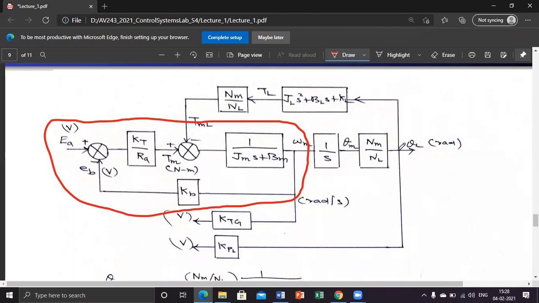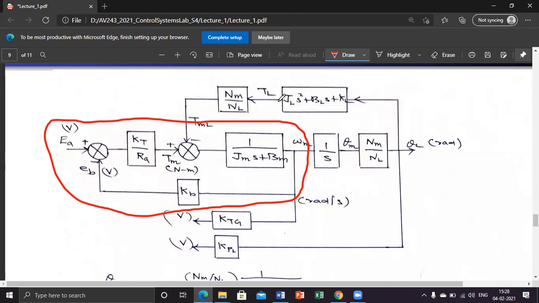That is, we assume that there is a particular theta L on the load shaft. The load shaft is rotating and is attached with JL inertial load, BL viscous damping load, and KL stiffness load.